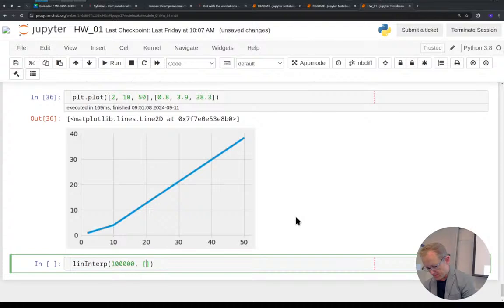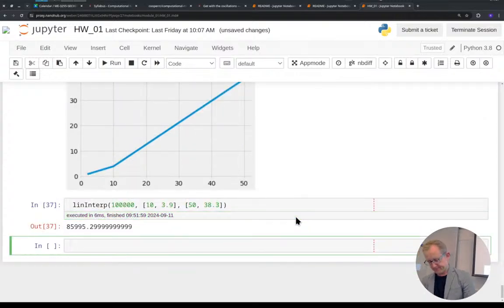P1 is going to be 10 and 3.9. P2 is going to be 50 and 38.3. So 86,000 microseconds, so like 90 seconds, at least from those 2 data points extrapolating.